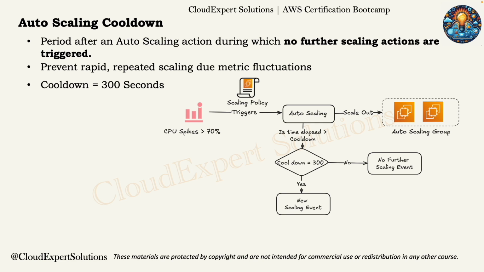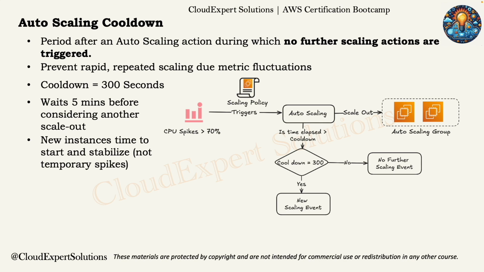Even if the CPU spikes above 70%, it will constantly check the cooldown period, and if the duration between the previous scaling event and the current one is less than 300 seconds, it is not going to launch an additional instance. This gives the new instance time to start and stabilize so that the metrics reflect the real system load, not temporary spikes.